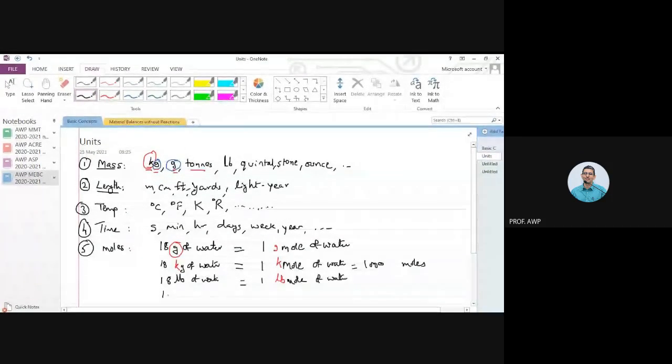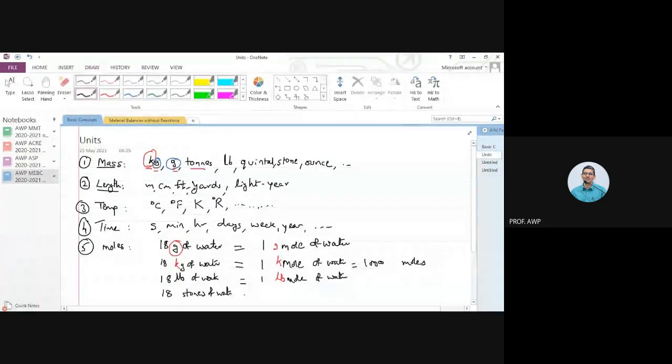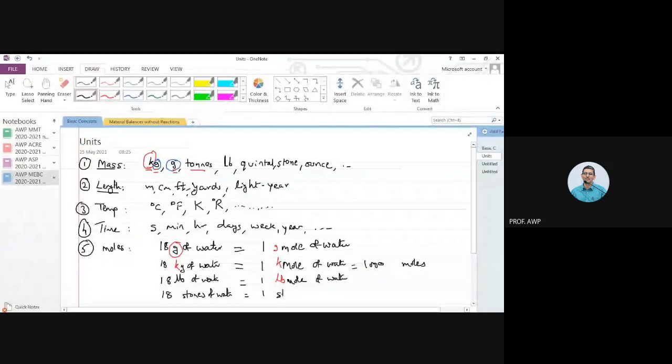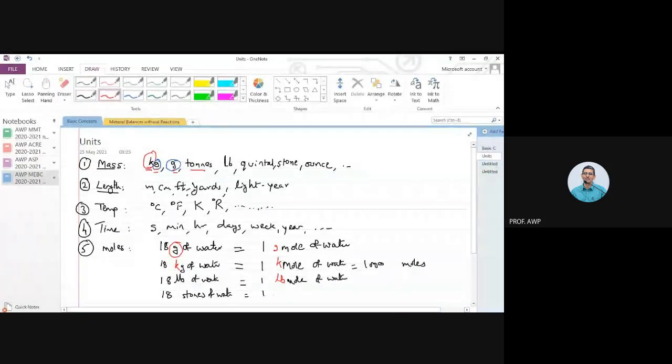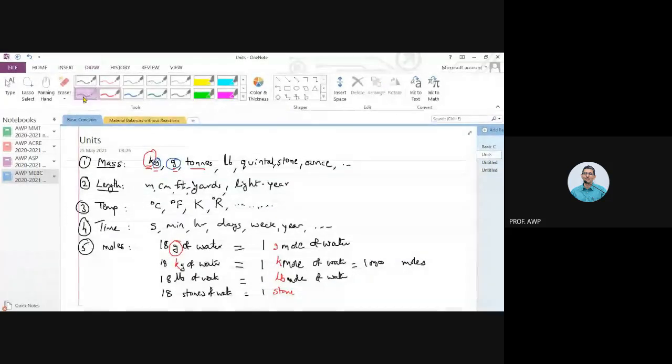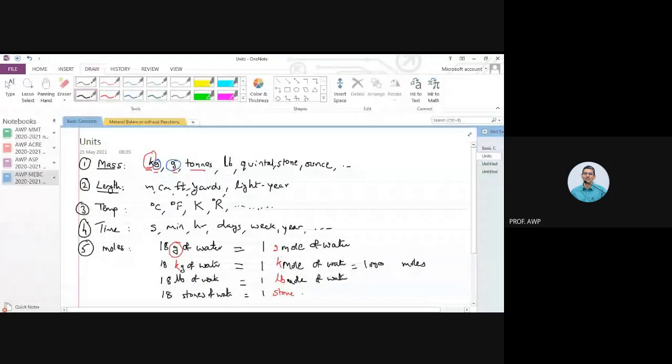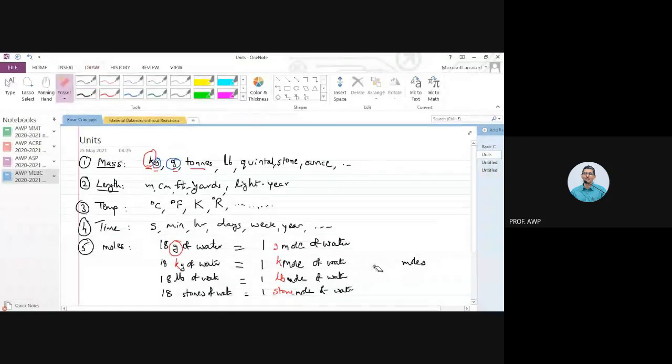If you are having 18 stones of water, we could call it 1 stone mole. All right. Is that okay?